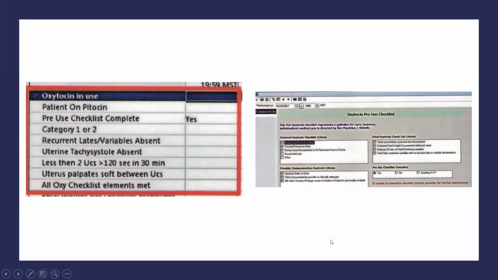And so it's become such a high risk use that every patient, before we start this medication, we must complete this pre-use checklist. And every 30 minutes that we are on this medication, we're going to be documenting all of these criteria. So using Pitocin is not benign and needs to be taken very seriously. And if we can avoid it, then we should, and let the woman's body do things naturally on her own.